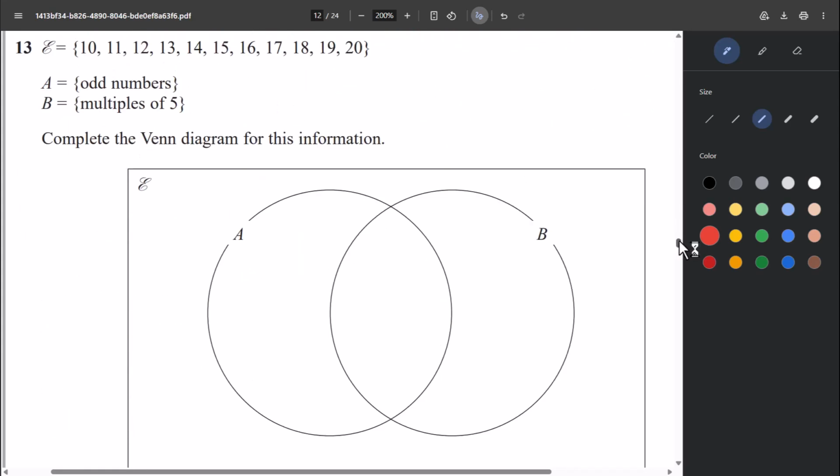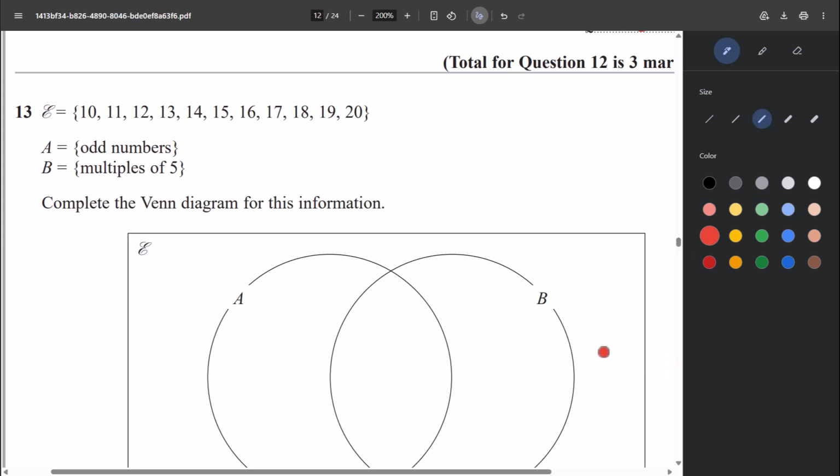Now we come to the set question. They're very common, so I want us to be really careful with this kind of question. We know the universal set here has numbers from 10, 11, 12 and so on, up to 20.